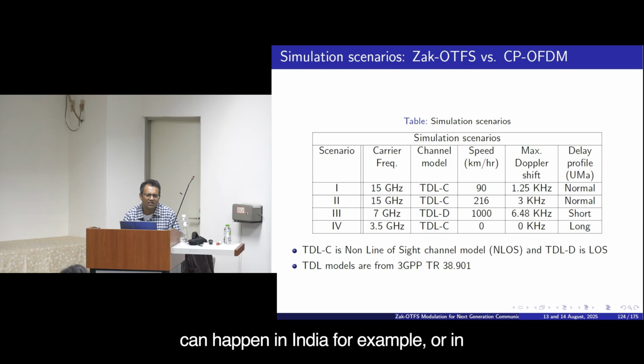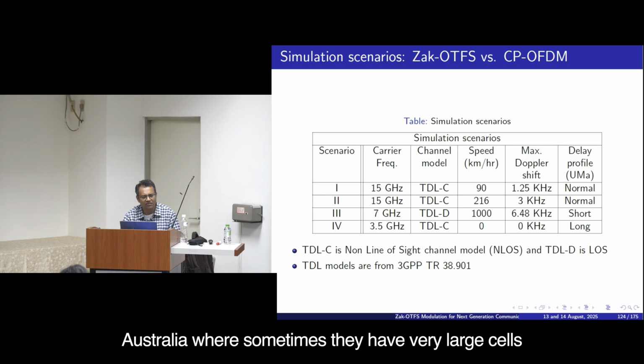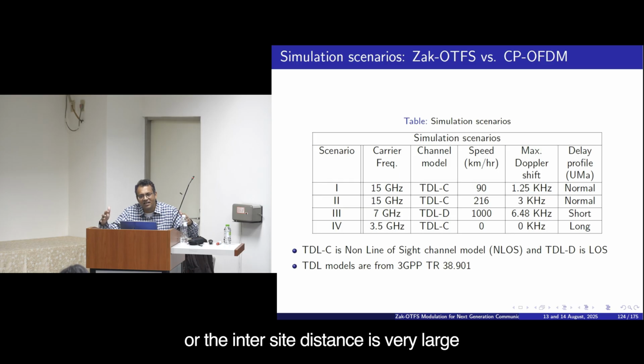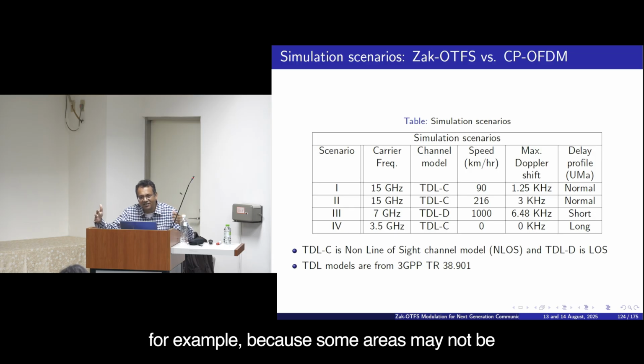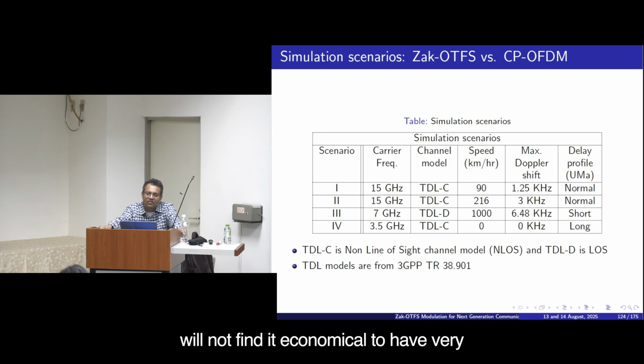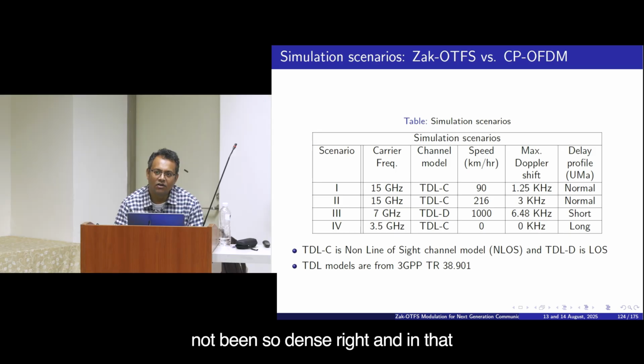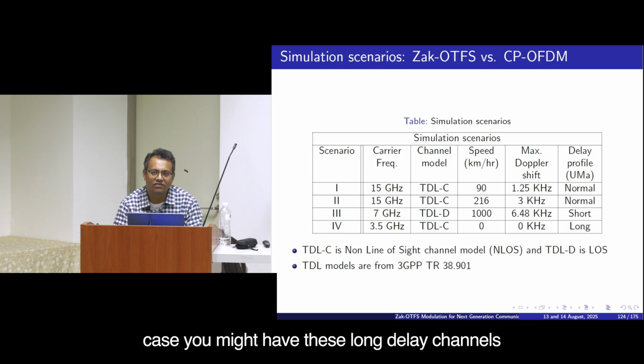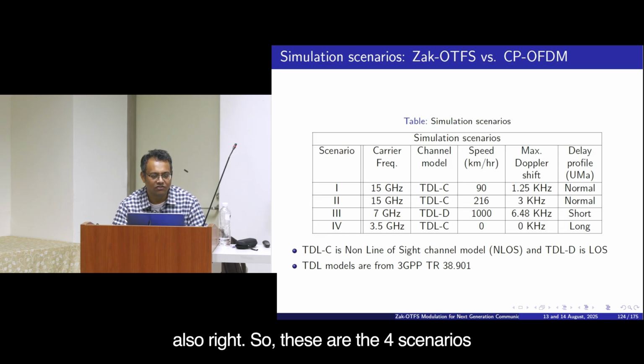That can happen in India, for example, or in Australia, where sometimes they have very large cells, or the inter-site distance is very large. Because some areas may not be very densely populated, and so the service provider will not find it economical to have very dense cells. So they will have cells not being so dense, and in that case you might have these long delay channels also.